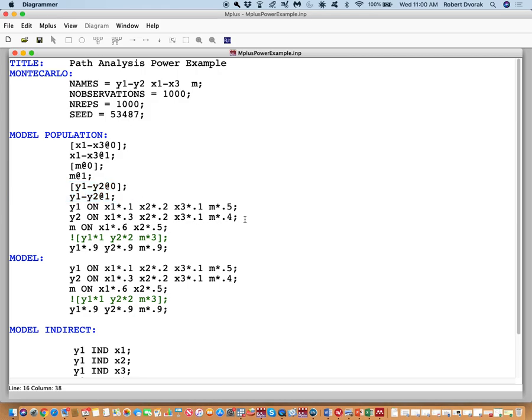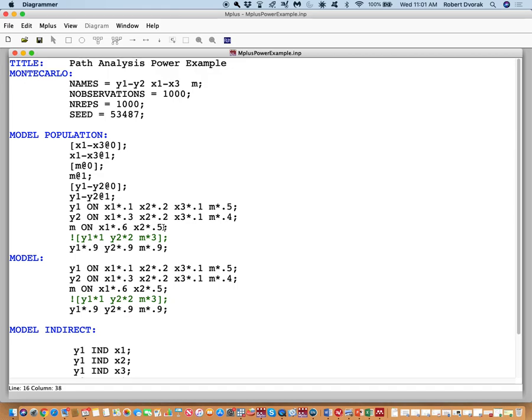Then we start to specify our model, right? In this one, I specify both the relationships between x and y1, all of the x's and y2, the mediator, and then the mediator and x1 and x2. Oh, I don't have x3 in here.